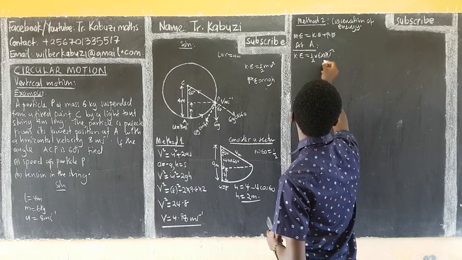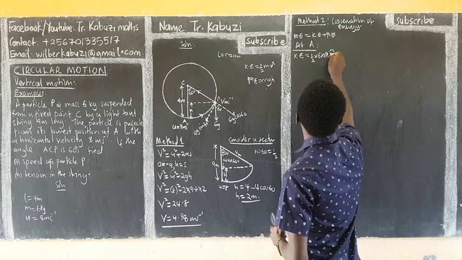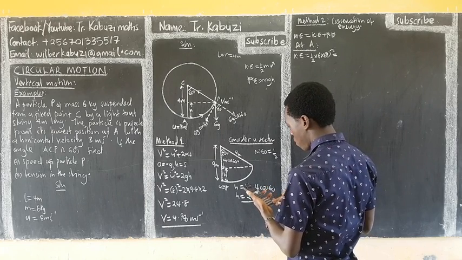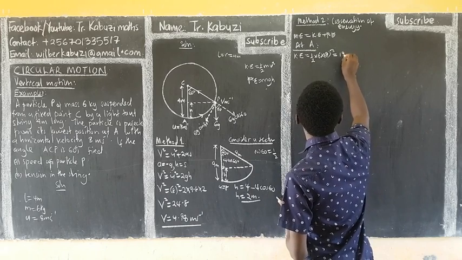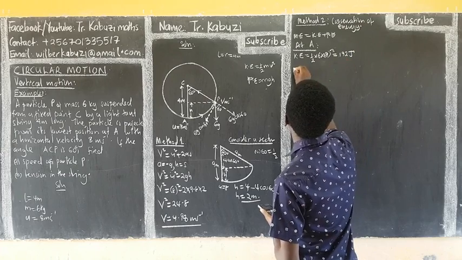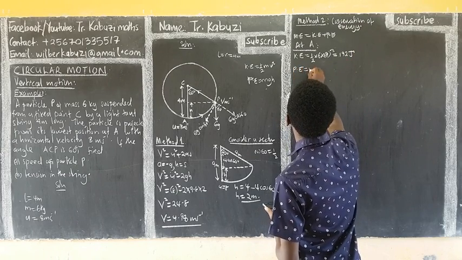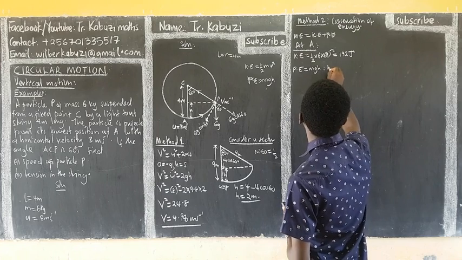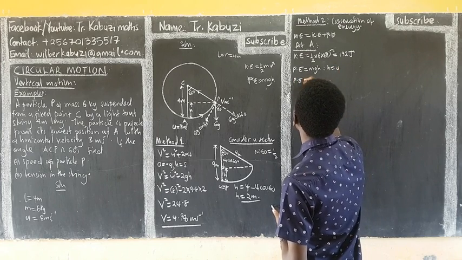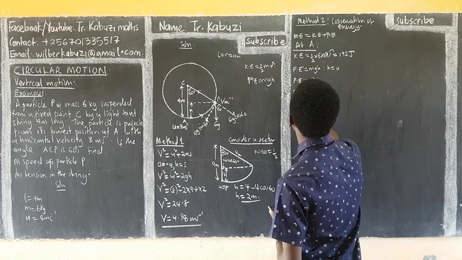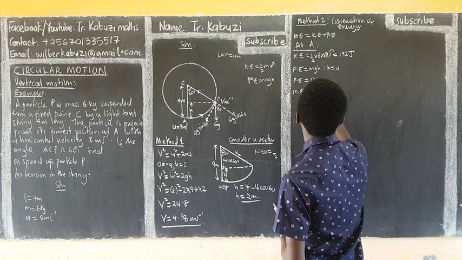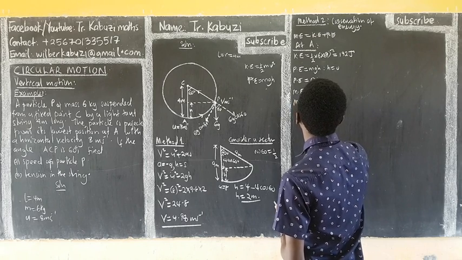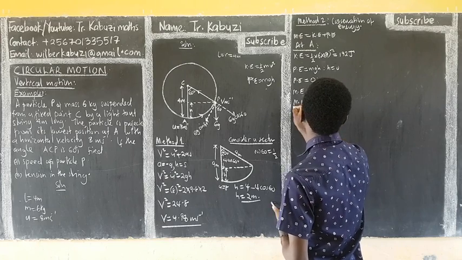So our kinetic energy at A is going to be 3 times 64, which is 192 joules. When you come to our potential energy, which is mgh, at A the height is 0, implying that our potential energy is going to be 0. So now our mechanical energy is going to be 0 plus 192, which gives us the mechanical energy at A as 192 joules.